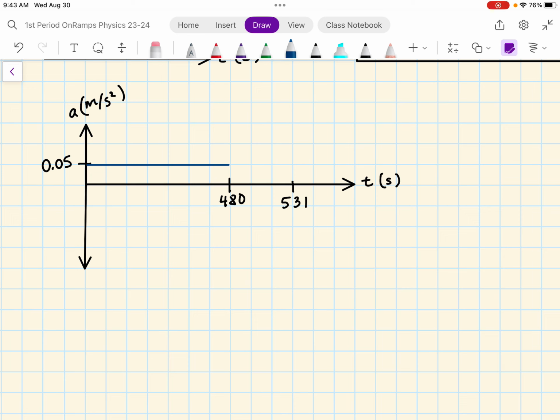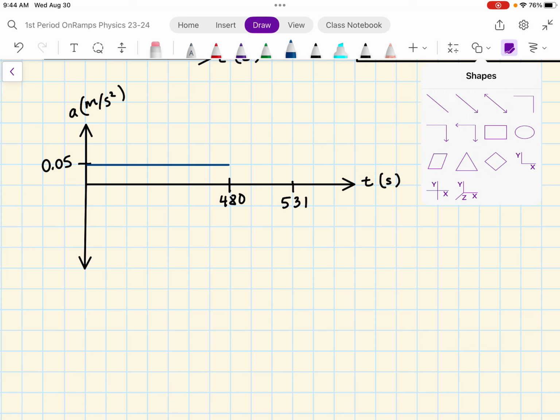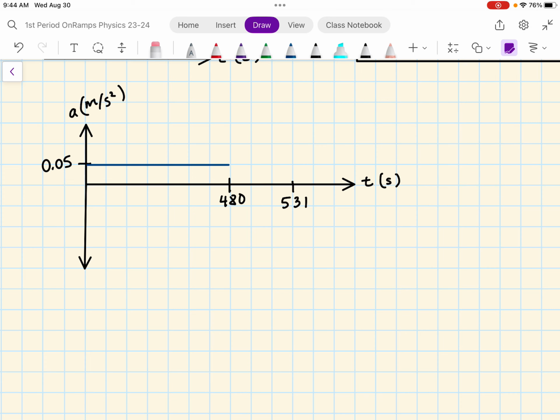Then I began to slow down. A real graph will have a slight curve. For us, we're not going to have curves, as I said. Now I need to have, let's say here is negative 0.55. So now my graph will go down to that level.